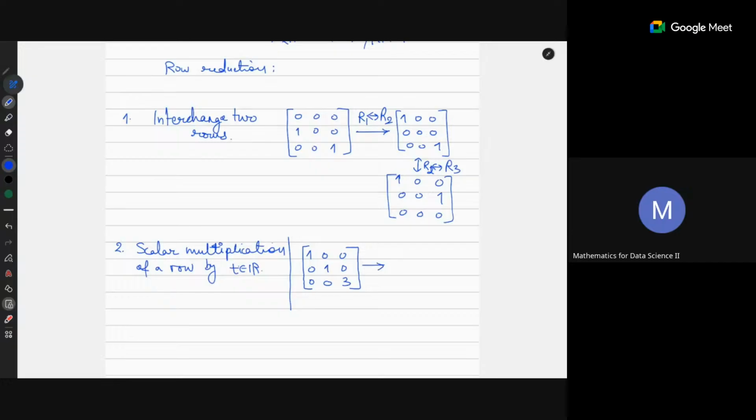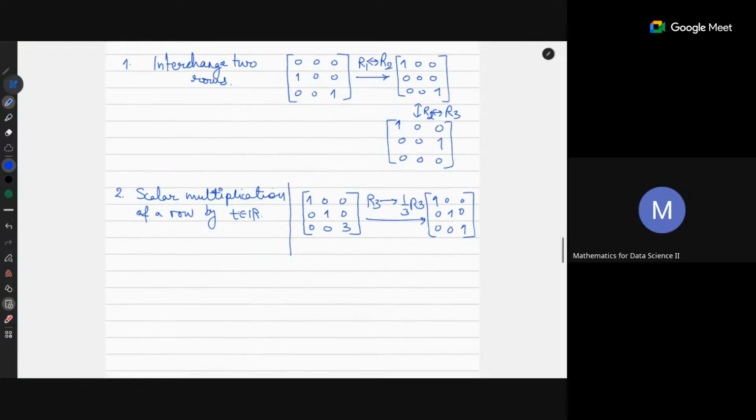You can divide R3 by 3. You can perform this row operation: R3 changes to 1/3 R3. You perform this operation, and what will you get? The third row will be divided by 3, so you will get 1. All right, so this is how we can convert.